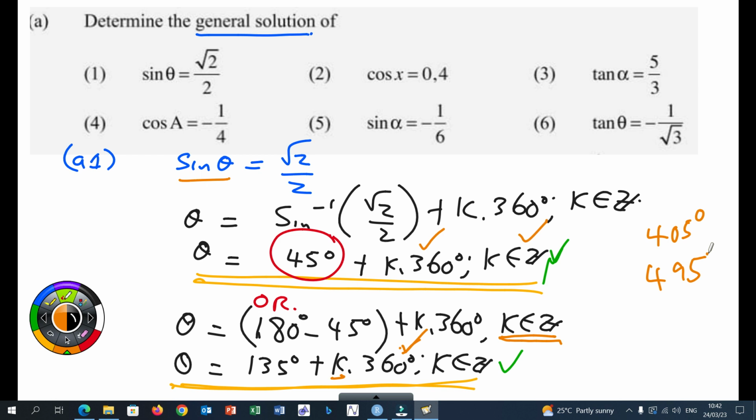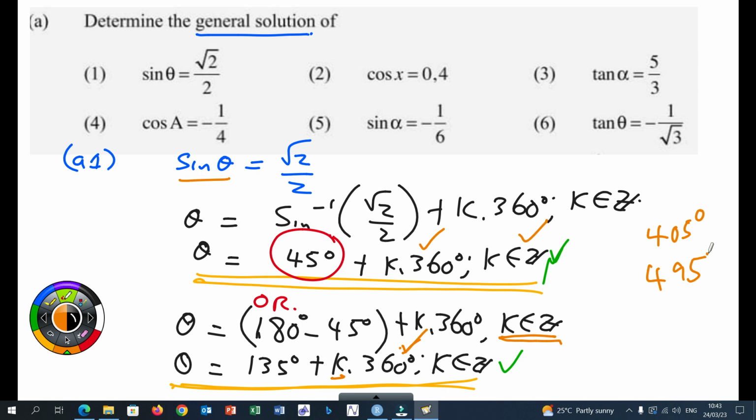So if you want the value of theta and it's less than 360, you already have these two equations. You want it less than 360, then you substitute k equal to 0. Remember, k is an integer. So then it'll be your reference.